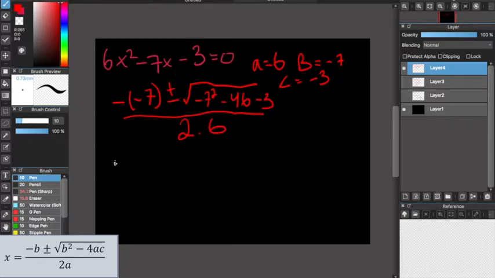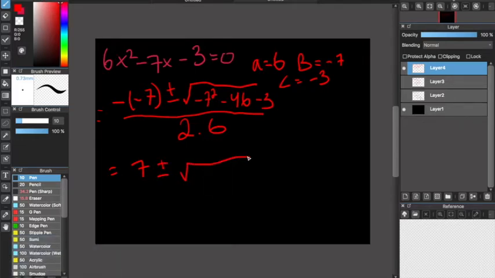And then we only have to simplify it. Minus and minus 7 becomes 7, and plus minus. So minus 7 squared is 49, minus 4 times 6 times minus 3.